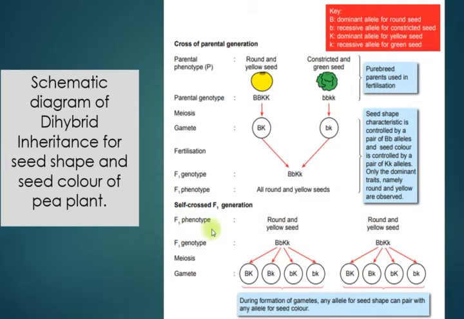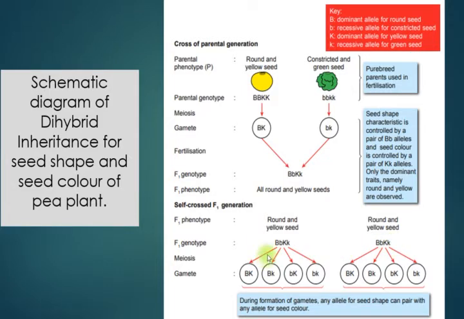What is the phenotype? Round and yellow seed for the first plant, and round and yellow seed for the second plant. Then you have to write the F1 genotype, the genetic composition of the first filial generation. The first plant is big B, small b, big K and small k. And the second plant is big B, small b, big K and small k.